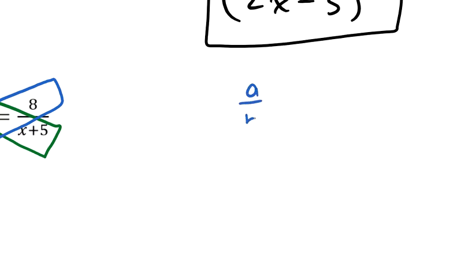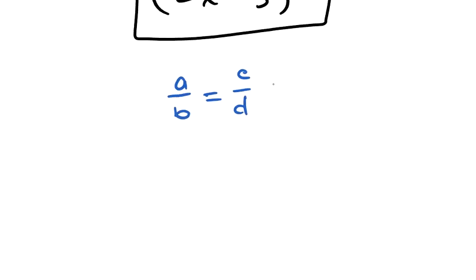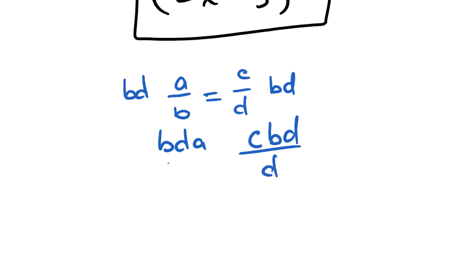I could say, hey, A over B is equal to C over D, and I could multiply both sides of this by BD. When I do that, on this side I have B, D, and A. On the other side I have C, B, D over D, and this is over B. So all I'm doing is multiplying both sides by BD.